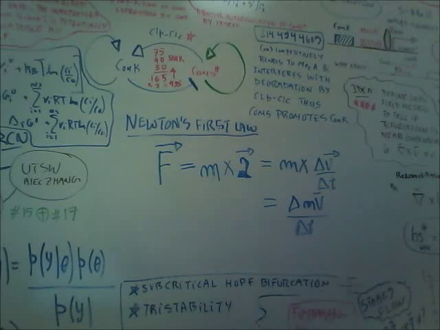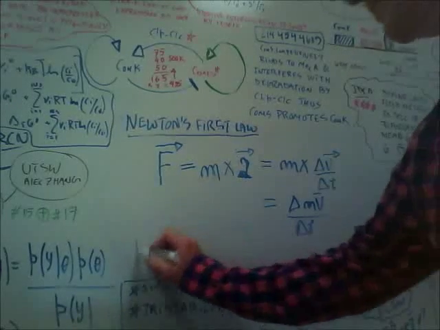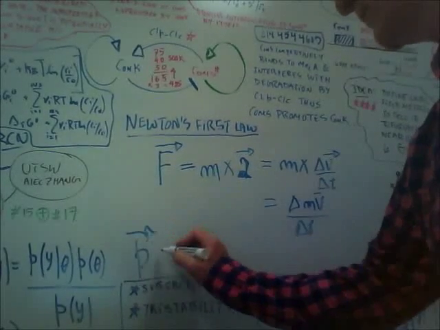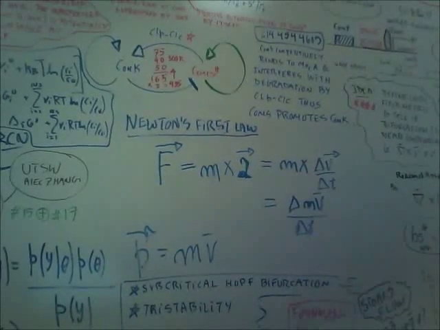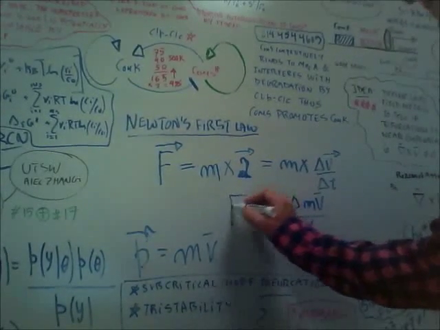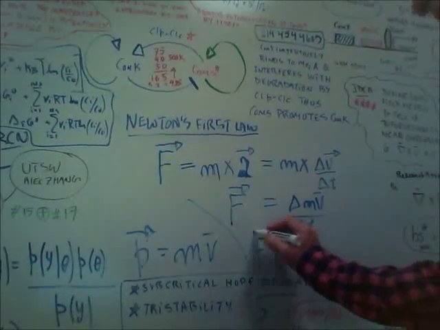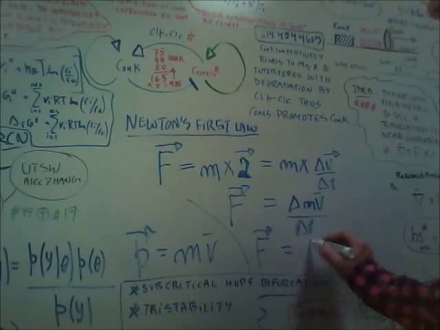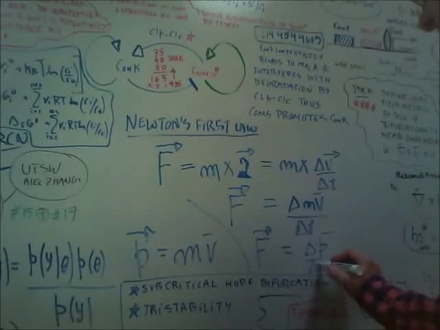But mv, as we know, is the momentum. Remember? The momentum, another vector, is equal to m times v. So interestingly enough, F is equal to delta momentum over delta t.